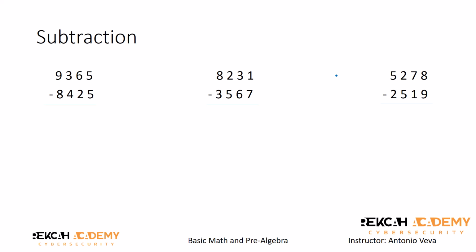All right, so moving on to subtraction. The next problem is 9365 minus 8425. Remember, this is written vertically aligned by place value. We have the ones column, the second column from right to left is the tens column, the third is the hundreds column, and the fourth column is the thousands column.